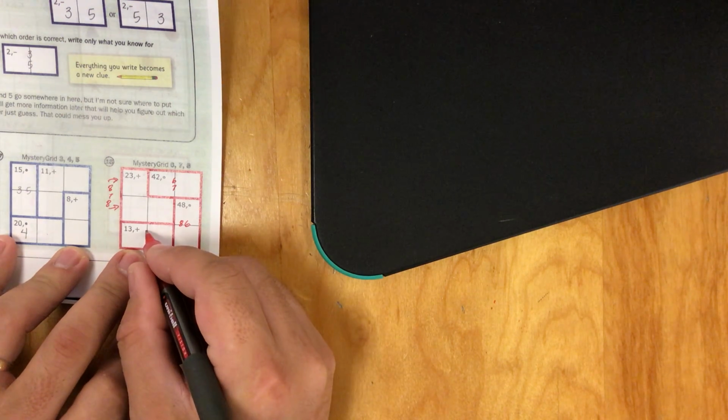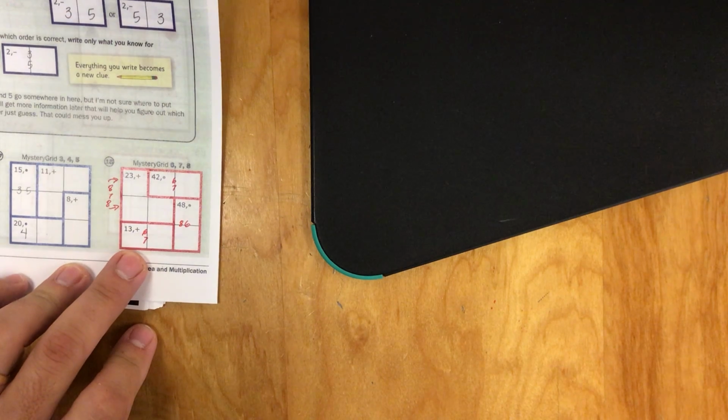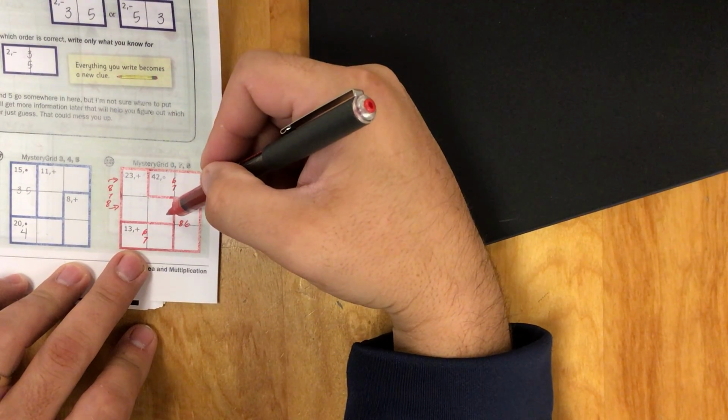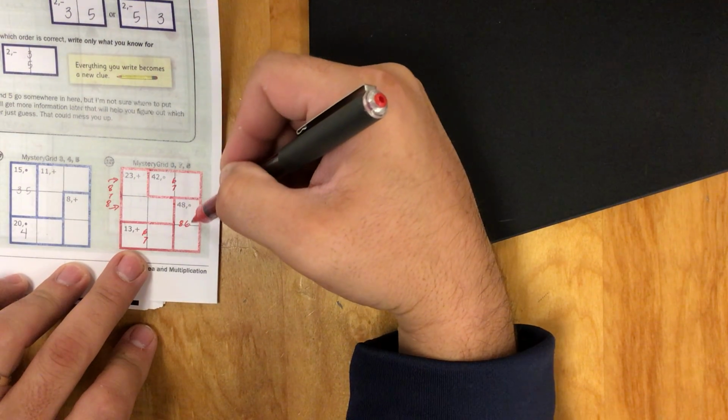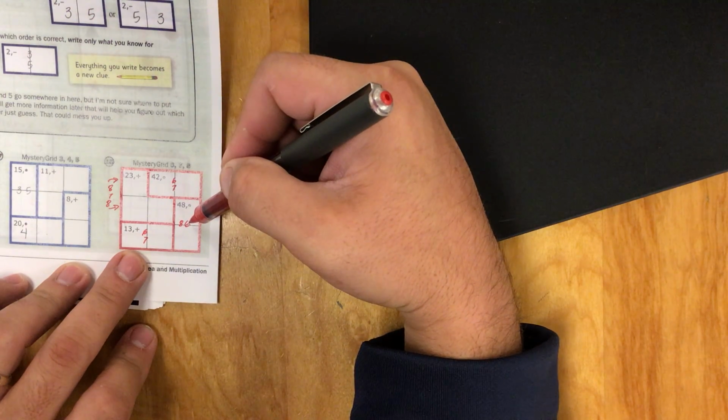And adding up to 13, that would be a 6 and a 7. So again, trying to think of where to start. 8, 7, 8. 6 and 7, 6 and 7. Gonna be a 6 here, gonna be a 6 here.